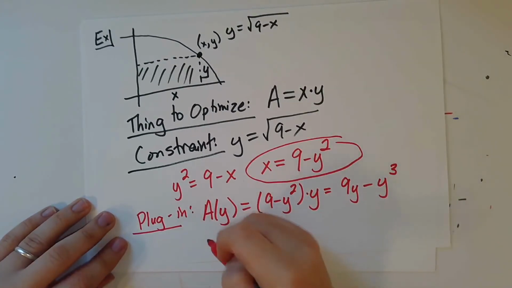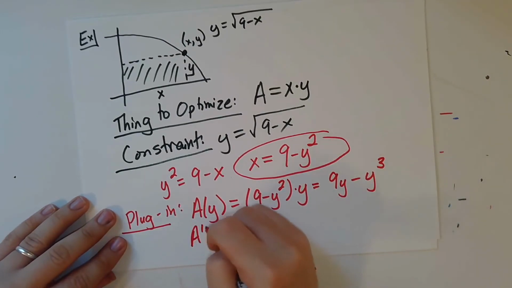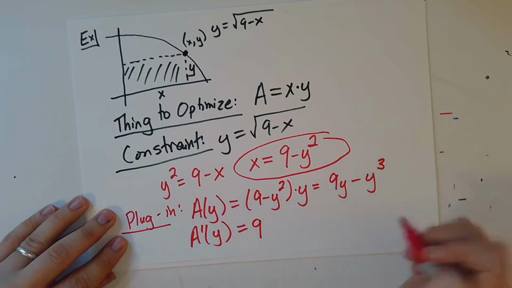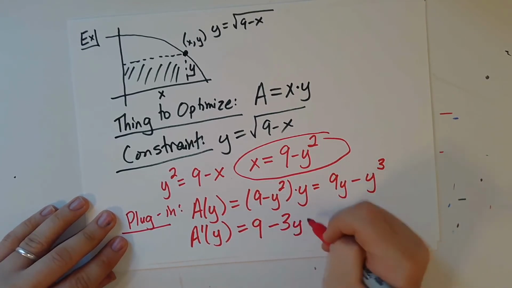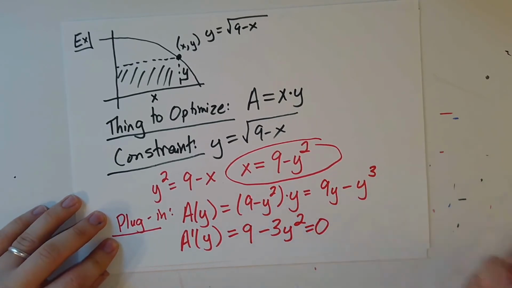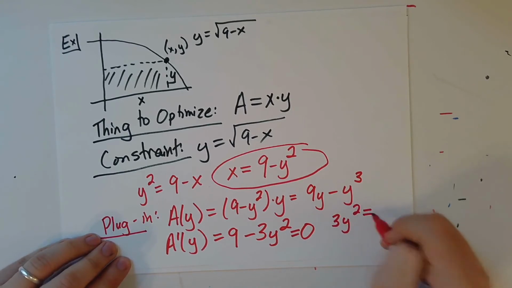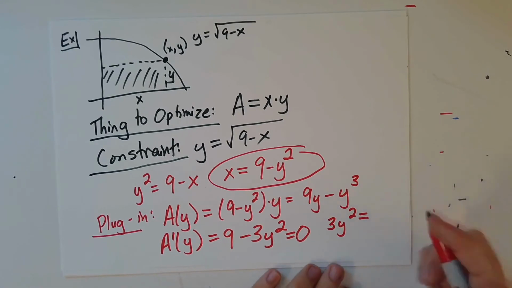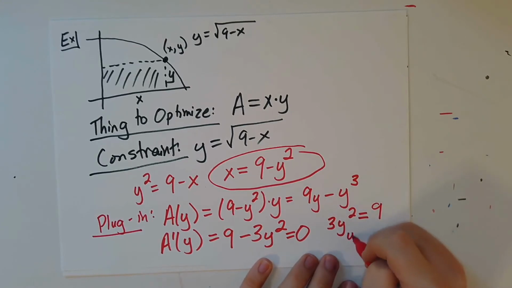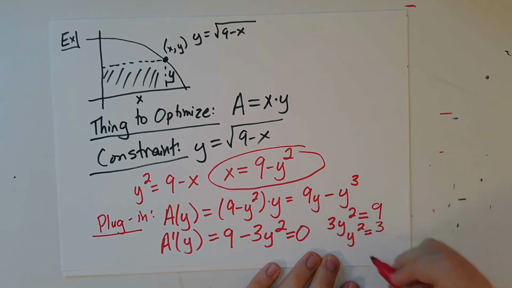If I take the derivative there, A prime of y, I get 9 minus 3y squared. I want to know where that's 0. So that means I'm solving 3y squared equals 9. So I'm solving y squared equals 3.